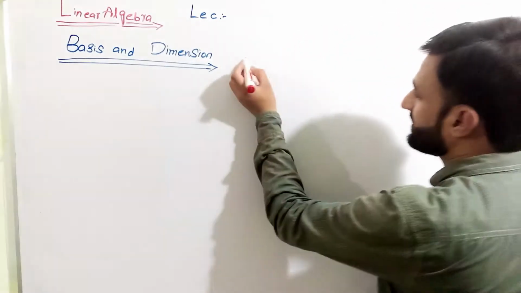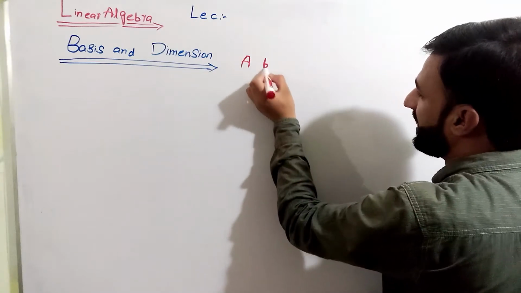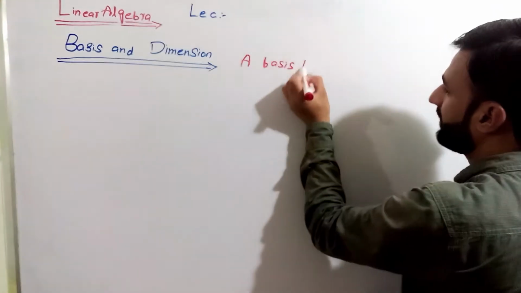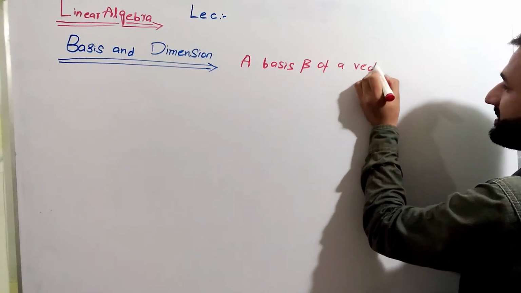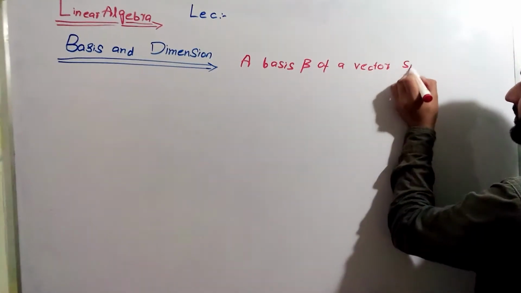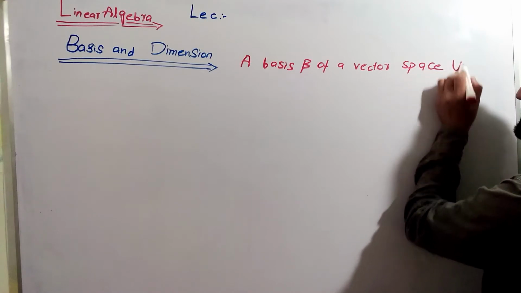So, check the definition. A basis beta of a vector space V must satisfy two conditions.